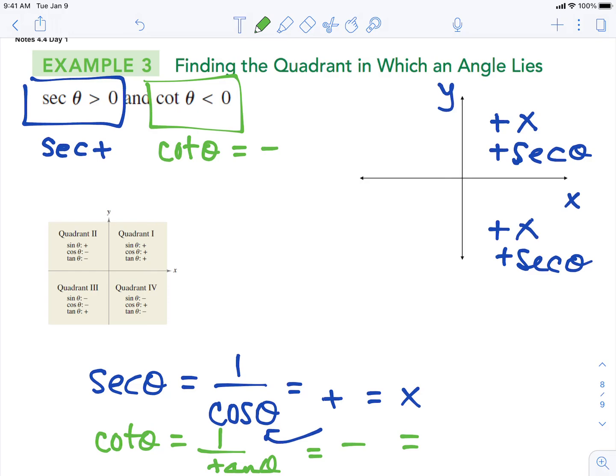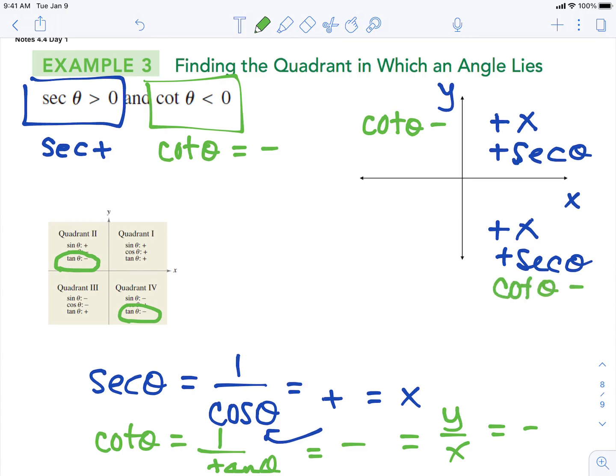So that would mean that you would have y over x be a negative number. So if we see here, you get a tangent negative in quadrant 2 and in quadrant 4. So that would also mean then that your cotangent would be negative in quadrant 2 and in quadrant 4.